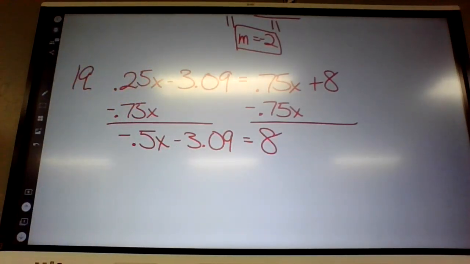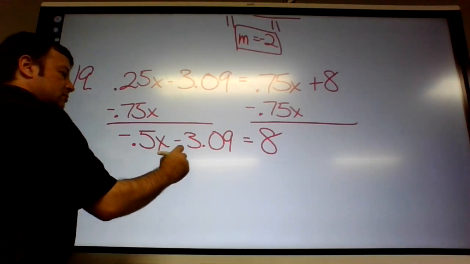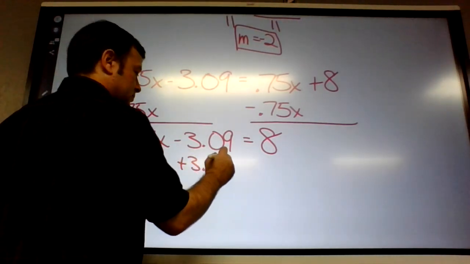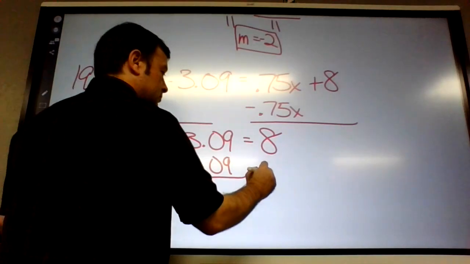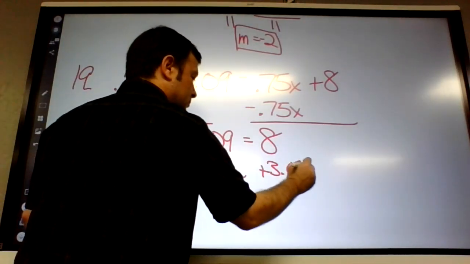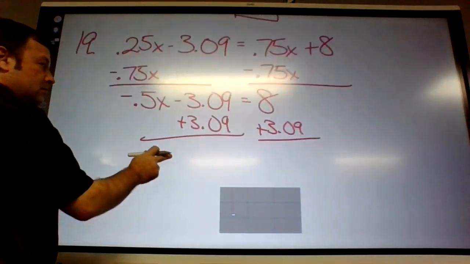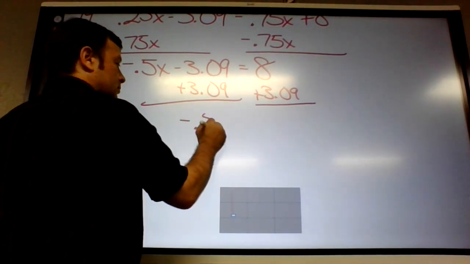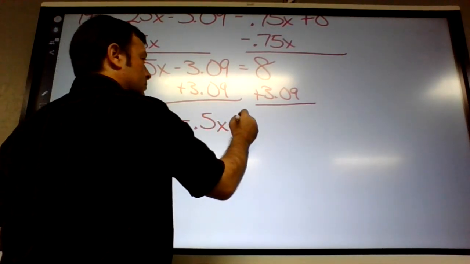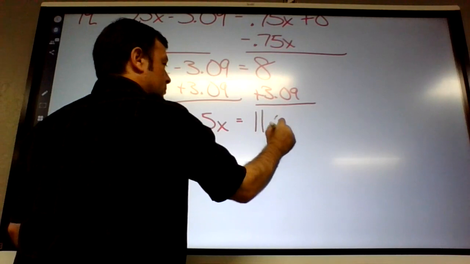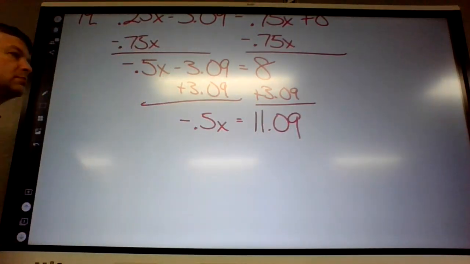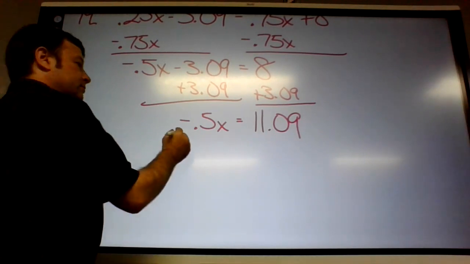Then you would add 3.9. Divide by negative 0.5.